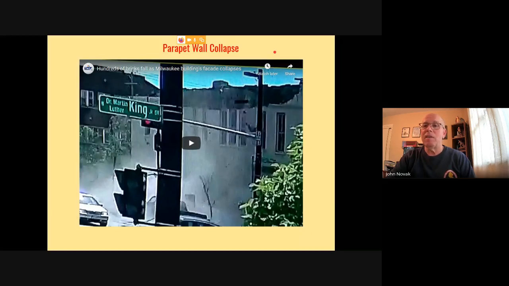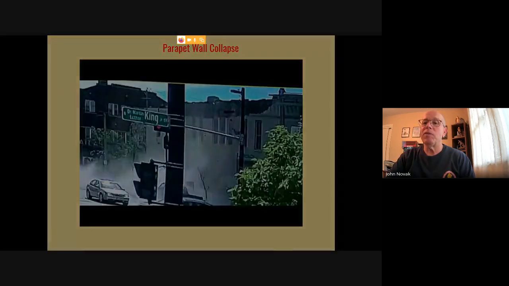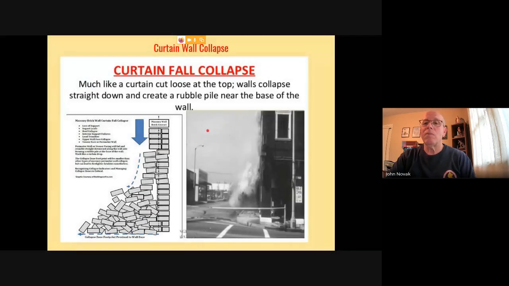And again, I don't know what the conditions were, whether it was windy. Obviously, the building was fairly deteriorated, and gravity is always affecting our buildings. It always wants to cause our buildings to collapse. So gravity is a big issue here. So let me go back to that.